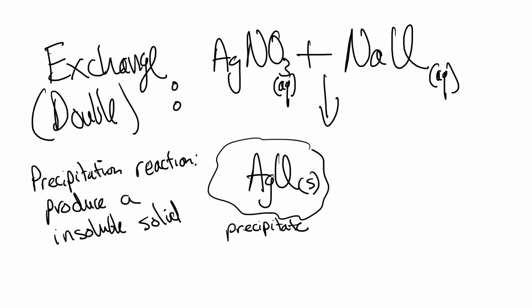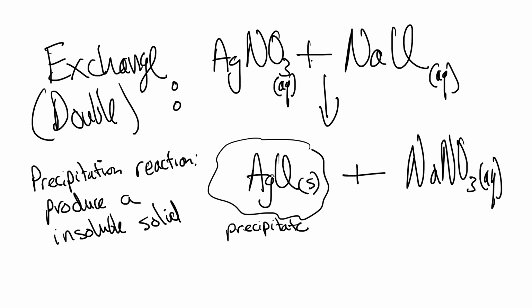The whole point of it is that it precipitates as an insoluble solid called the precipitate. The name of that insoluble solid is the precipitate. So you end up with silver chloride, there's the solid there, and then sodium nitrate that is purely aqueous. We'll come back to your question, so I'm not going to show net ionic equation here beyond that. Okay. That's the exchange reaction.